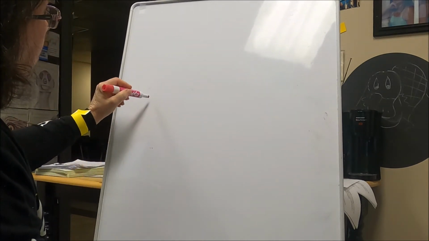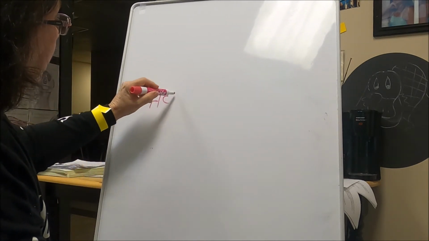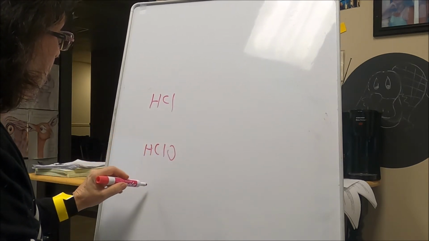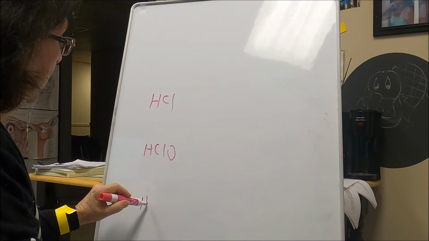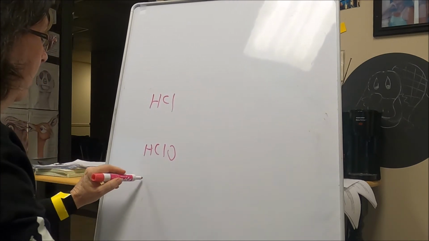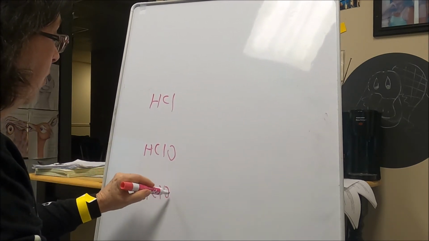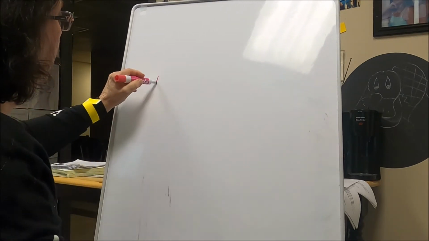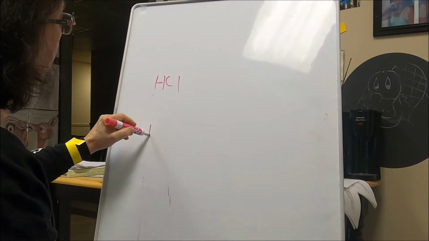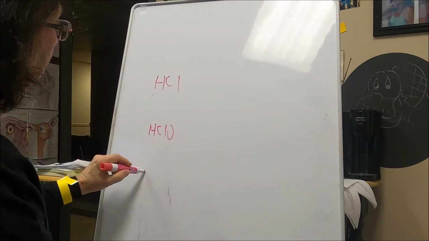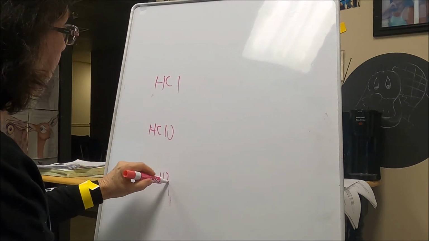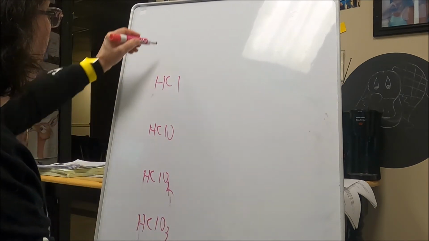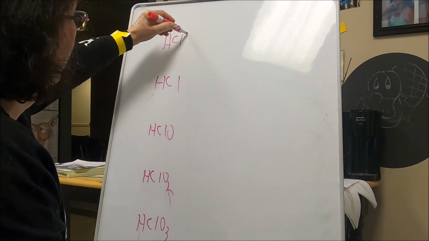Okay? So let's look at HCl, HClO, HClO2. Let me write this up higher. HCl, HClO, HClO2, HClO3, and I'll put it up here, HClO4.